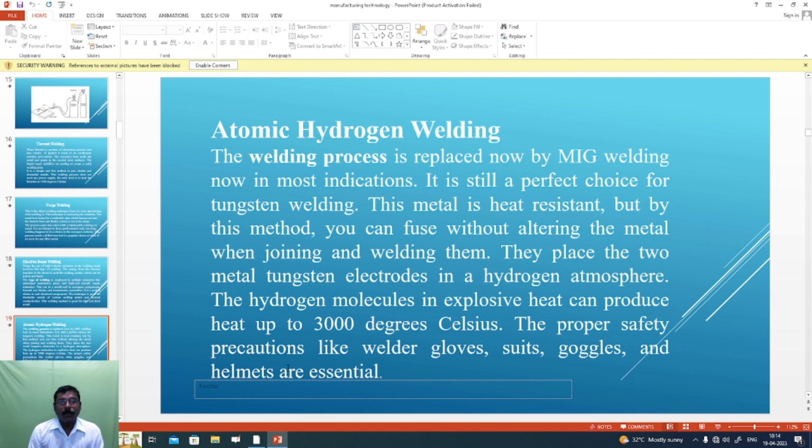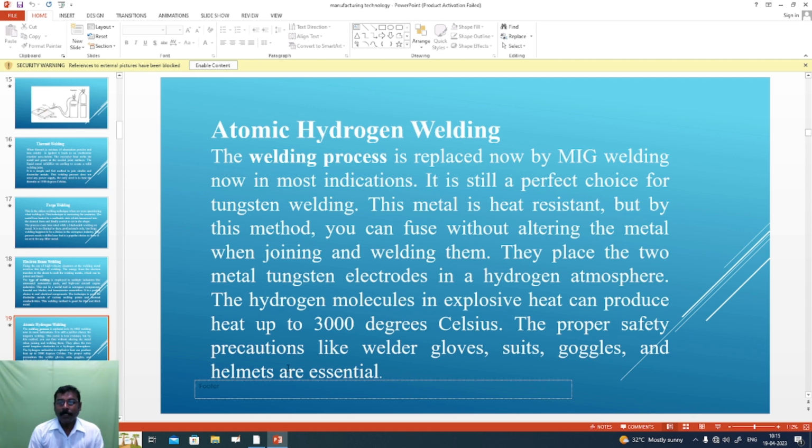Then atomic hydrogen welding. This type of welding process has now been replaced by MIG welding. Now in most instances it is still a perfect choice for tungsten welding. This metal is heat resistant, but by this method you can fuse tungsten without altering the metal when joining and welding them.